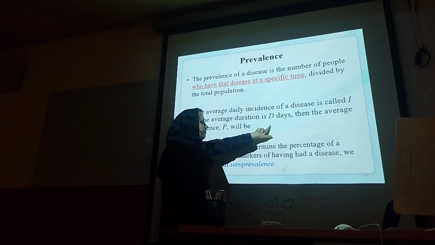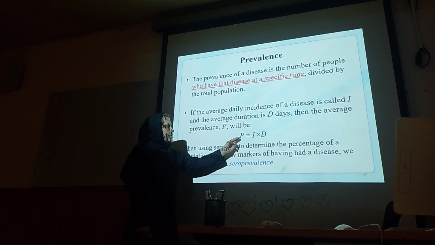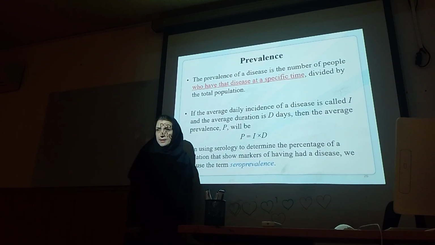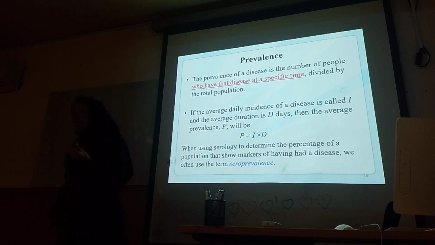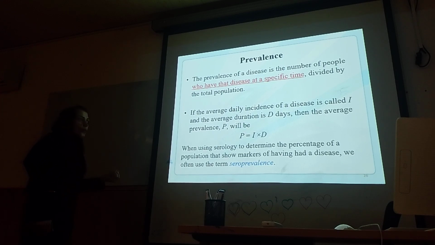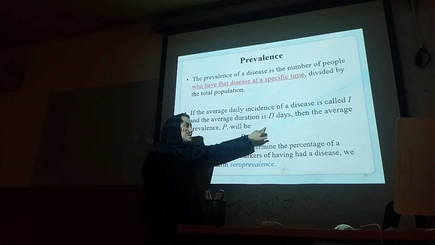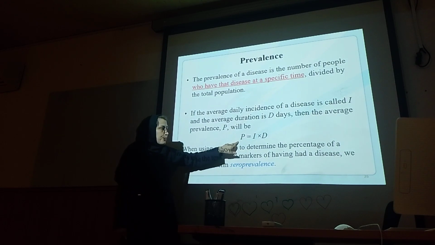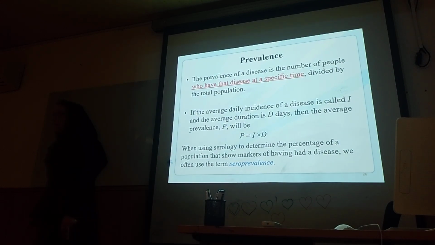There is a formula that shows us the relation between prevalence and incidence. What is D? Duration. It is the duration of the disease, exactly. So, if a disease has a longer duration, the prevalence of the disease can be increased.